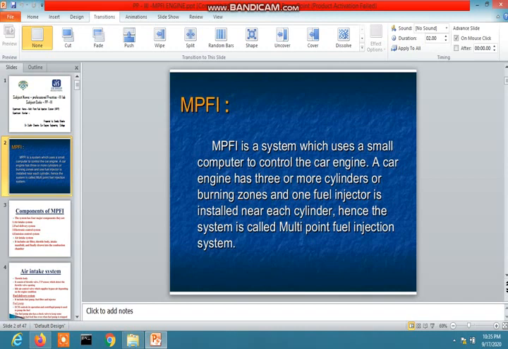In this case, fuel delivery in the engine is through one or more injectors. The amount of fuel going to the engine is controlled by an ECU depending upon engine speed and load.